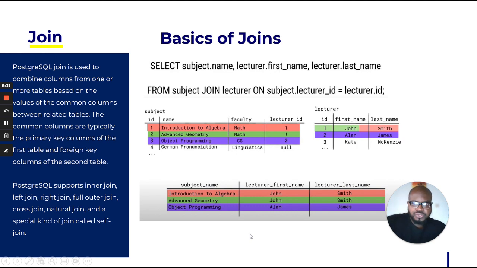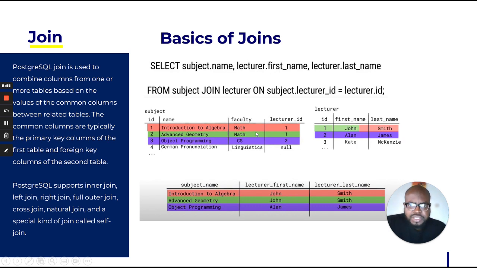And there are some things you should note. On my subject table, Introduction to Algebra has lecturer ID 1, which would match with 1 on the lecturer table as well. That says that the first name for the person teaching Introduction to Algebra is John Smith.